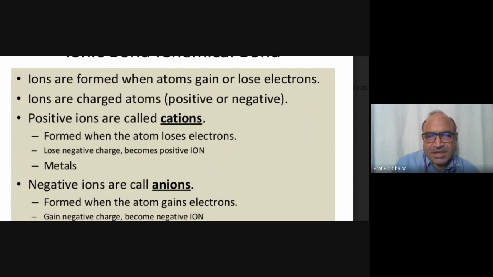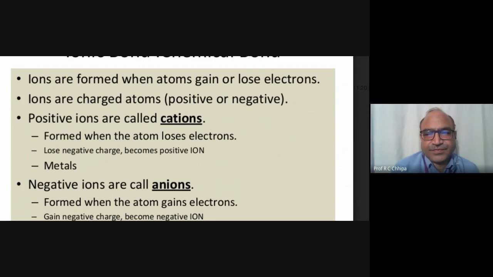Ions are charged atoms. The charge is because of the electron having a negative charge. The charge value in coulombs: for one charge, it is 1.6 times 10 raised to the power minus 19 coulomb.